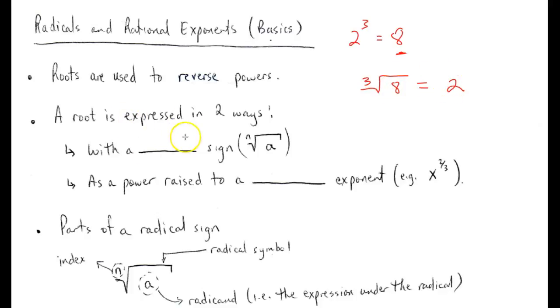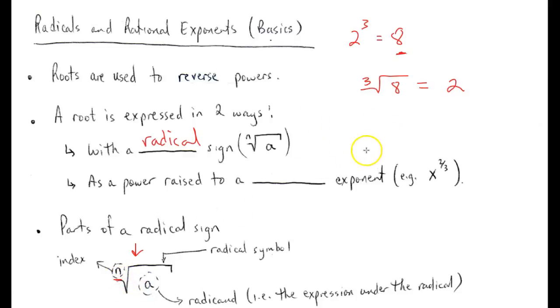Okay, and so here, a root is expressed in 2 ways. One of the ways is with a radical sign, and the radical sign is what you see here, where the expression under the radical sign is called the radicand, and the number that is on this little part here is called the index.